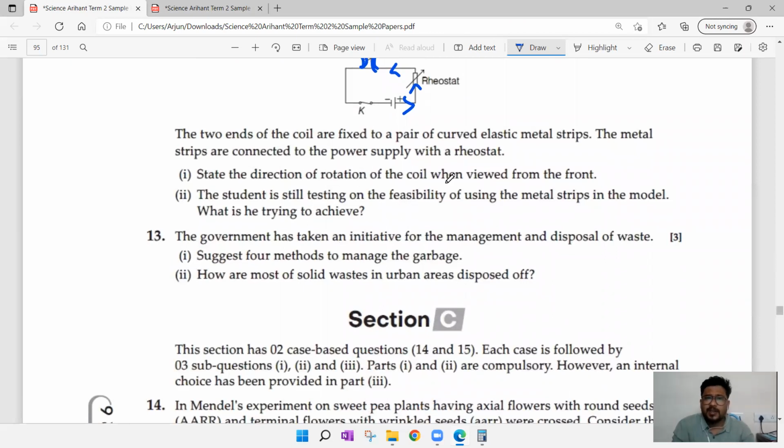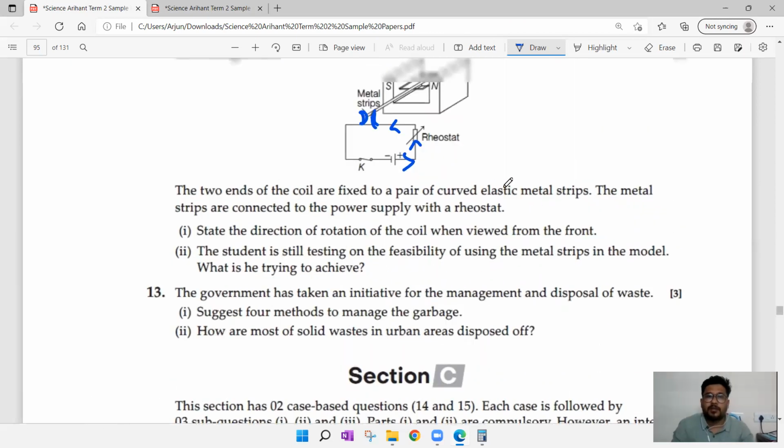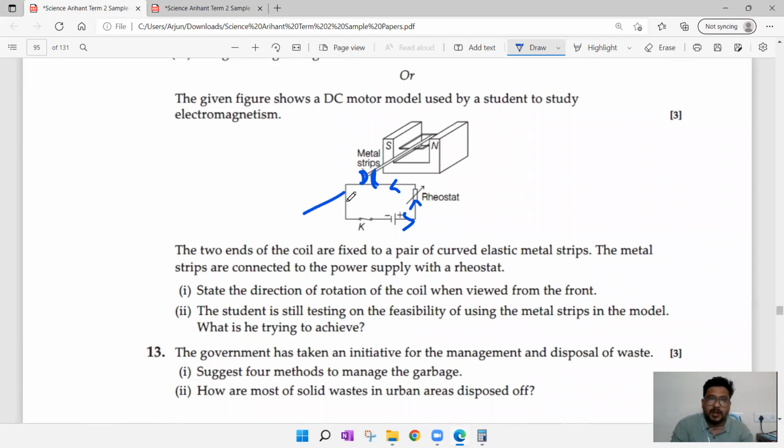State the direction of rotation of the coil when viewed from the front. This is the front view. Now you see, current is going in this direction and the magnetic field is from north to south. Current is going like this, I, and the magnetic field is like this. You can apply the left hand rule. So with current and magnetic field, automatically the force will be in this direction, right?